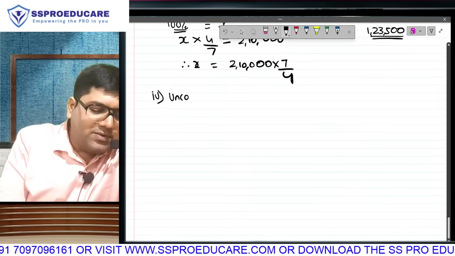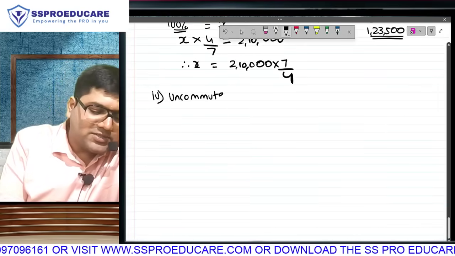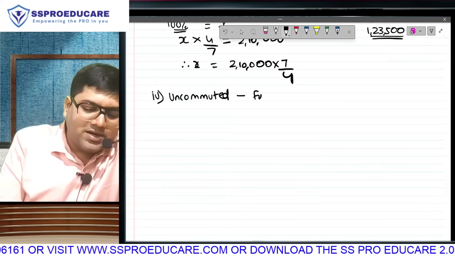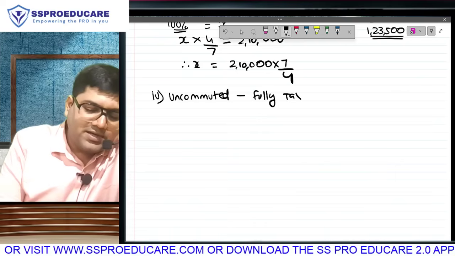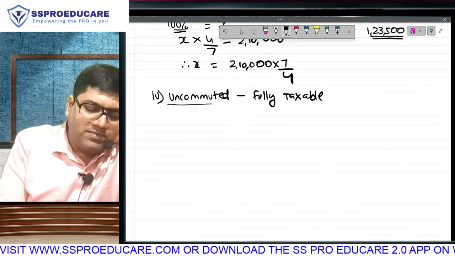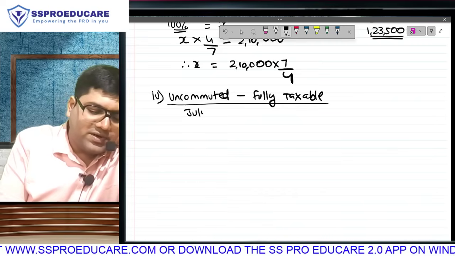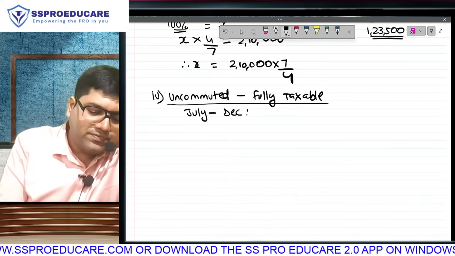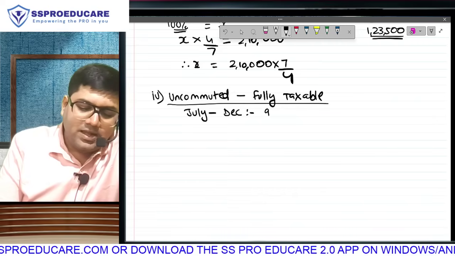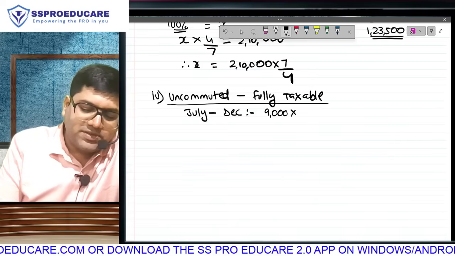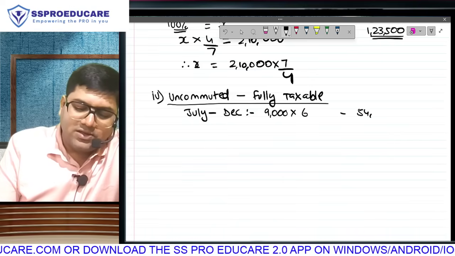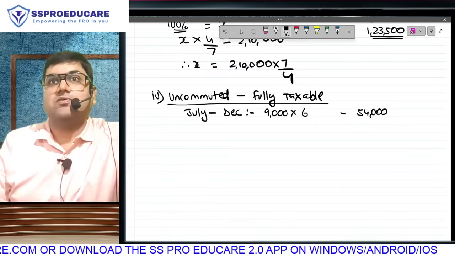Chalo, let us see how to present this thing. First, we will do the uncommuted part because the uncommuted part is very, very easy. Uncommuted part ka tax treatment is what? Fully taxable. Starting में, from the month of July to the month of December, how much did he receive? 9,000 for 6 months. But I will write that in the inner column because I have to add the remaining months ka amount also.